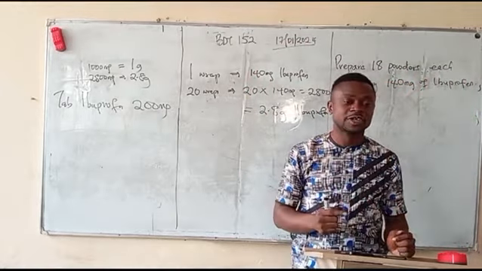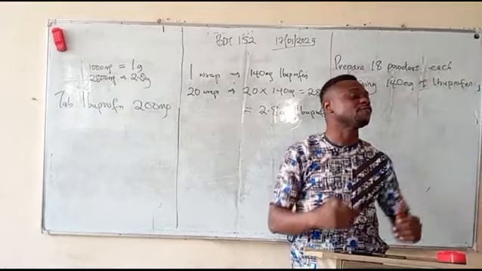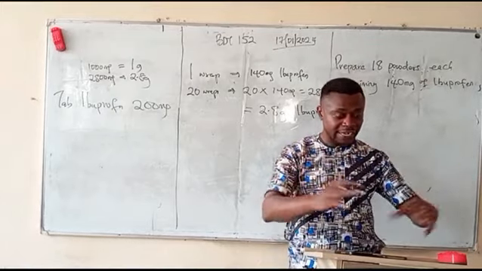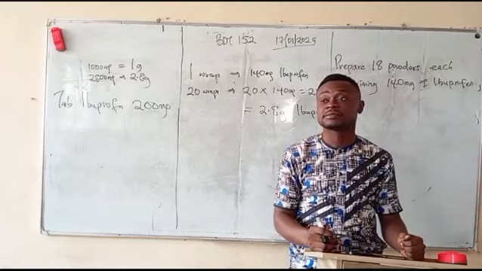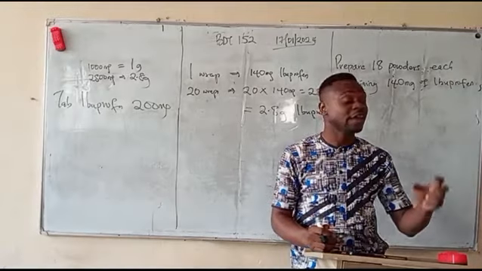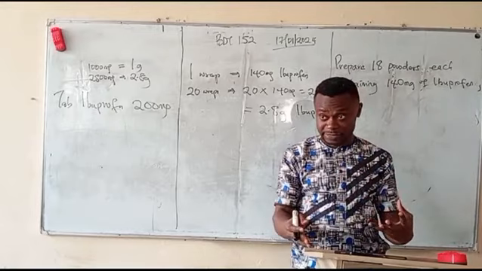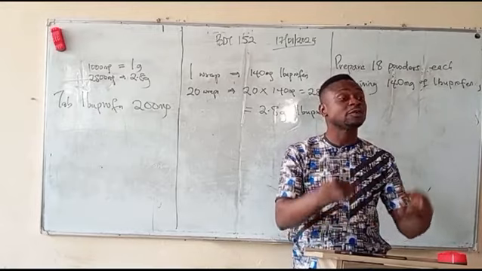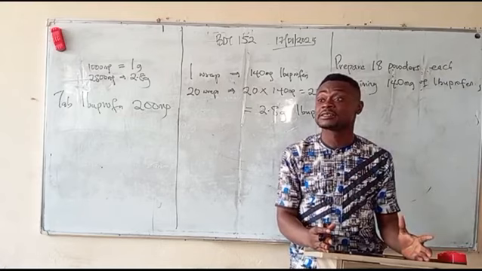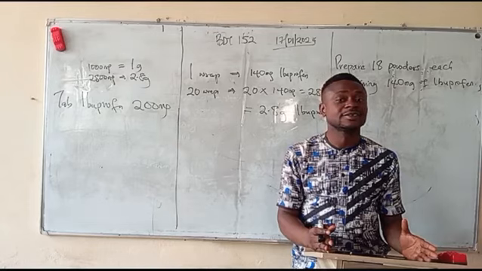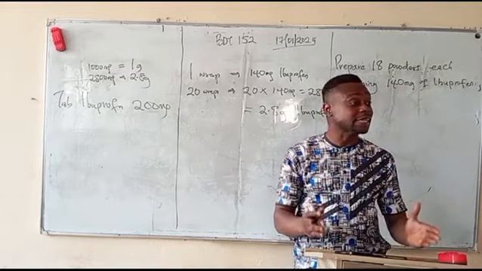Now let me ask you a question. If you get 20 tablets of ibuprofen, 200 milligram strength, what is the amount of ibuprofen in the entire 20 tablets? 4,000, thank you. 4,000 what?